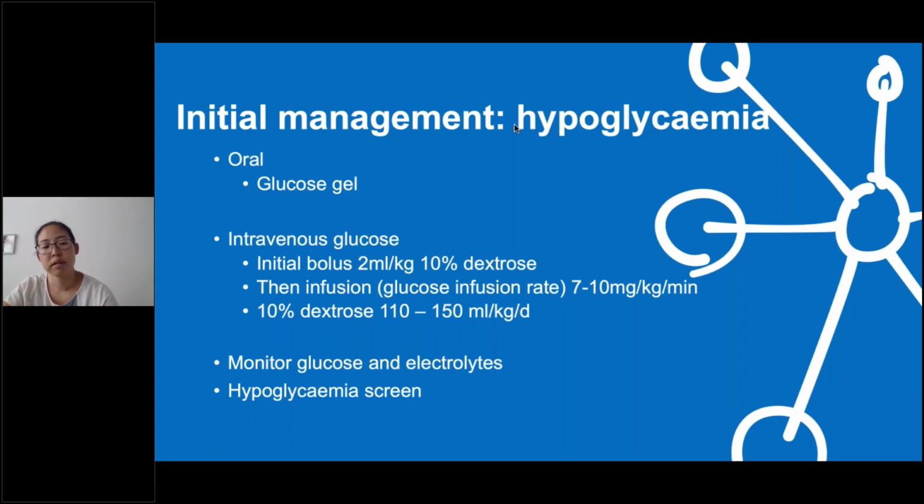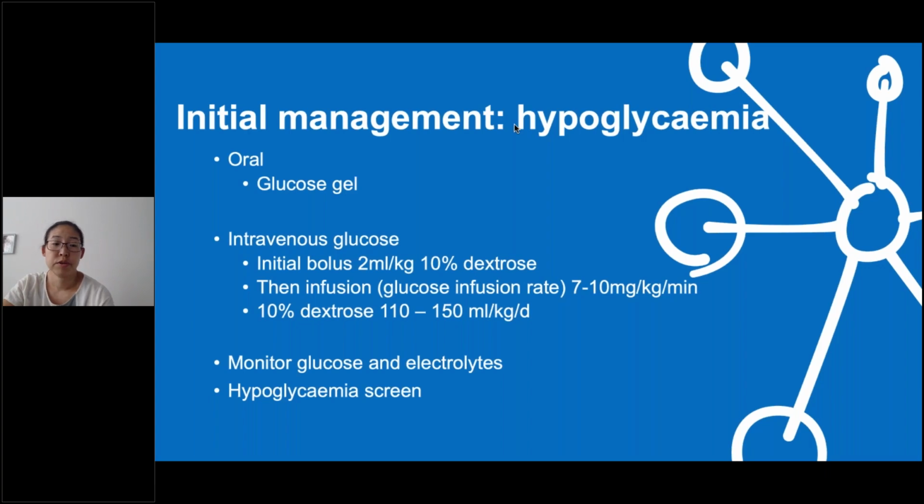Intravenously, the initial bolus is 2 mils per kilo of 10% dextrose. There are exceptions when you give 1 mil per kilo, and that's if you're working for the hyperinsulinism team. They prefer a smaller amount of sugar because then it doesn't provoke more insulin secretion.